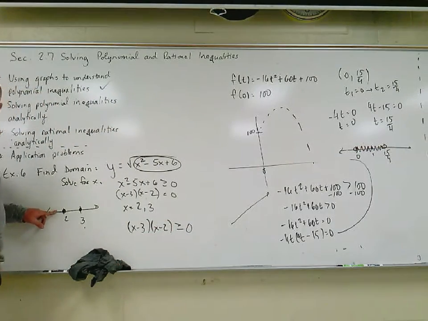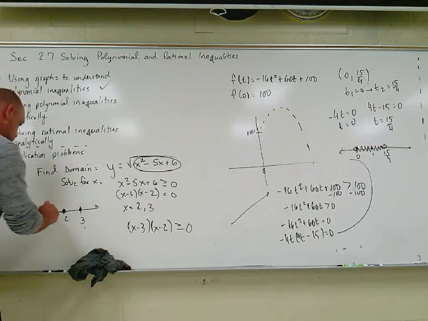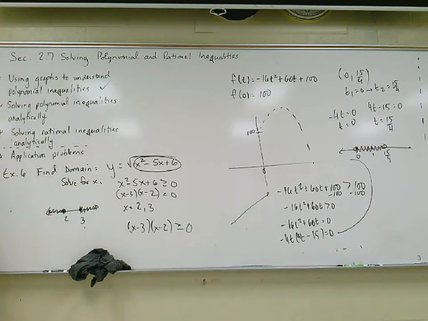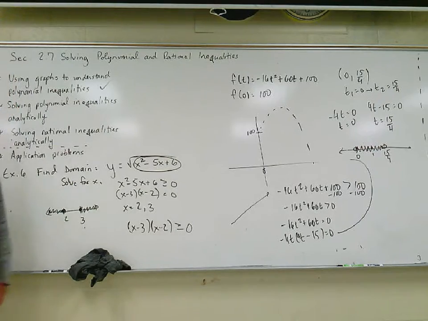Let's see, if I plug in a 0, I get a negative times a negative, which is a positive, so you should have shaded here, you should have shaded there, where it was true. If I plug in a 4, I get 1 times 2, which is 2.